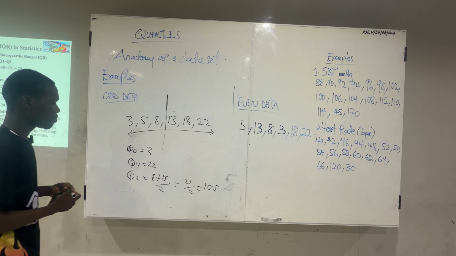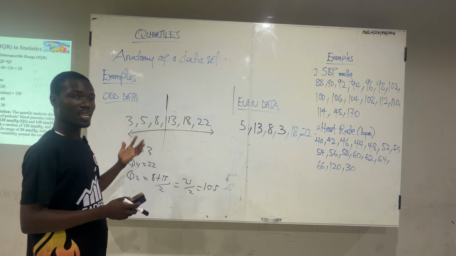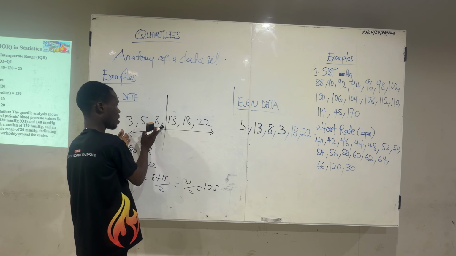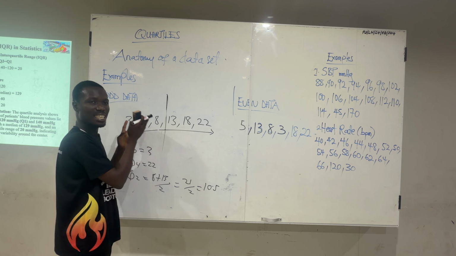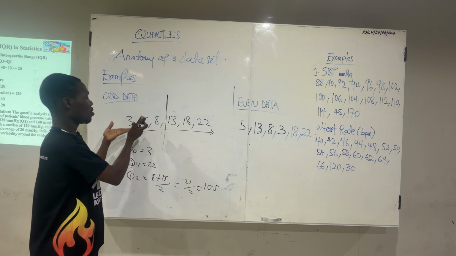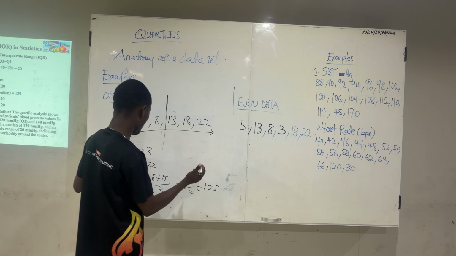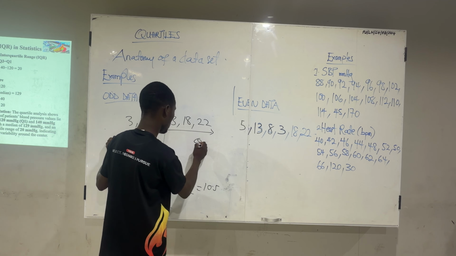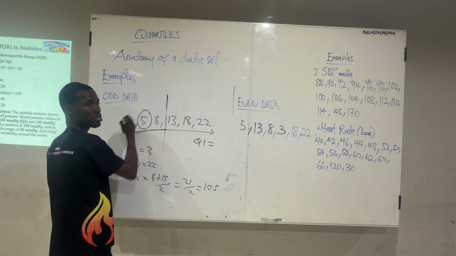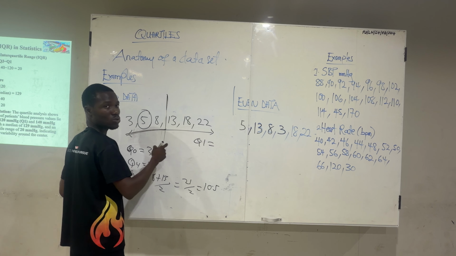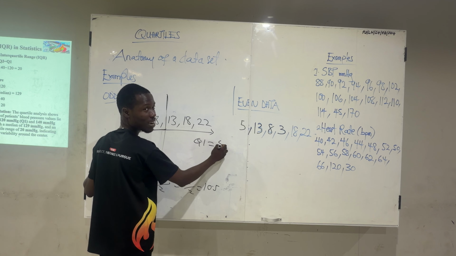Now, in solving for the Q1 and Q3, this is our first half. Q1, as we have already said, is the median of the first half. In this case, this is the first half of the data, and the median is 5. So our Q1 is going to be 5.